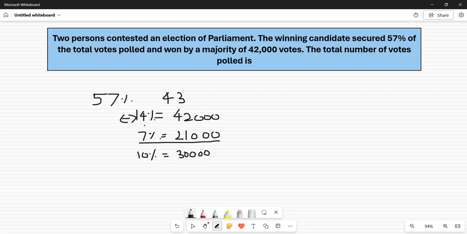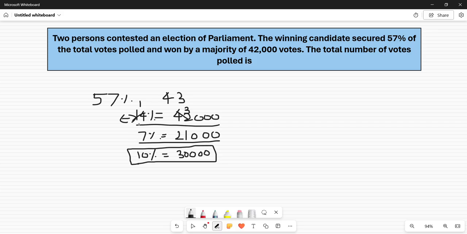So you could have worked even with this information, because the more you understand percentages, things will be very simple. 14% is 42,000, right? So when you divide, this becomes 1, your 42 becomes 3, 14, 28, 42. So 1% is 3,000. Here it comes 10% is 30,000.